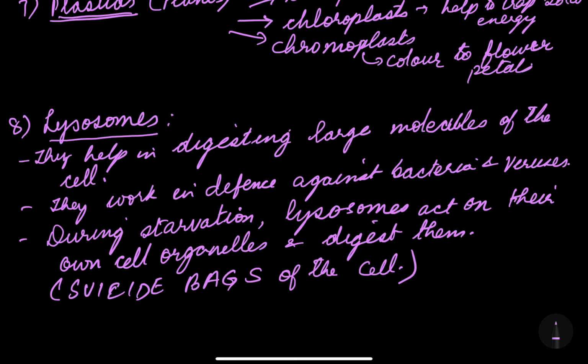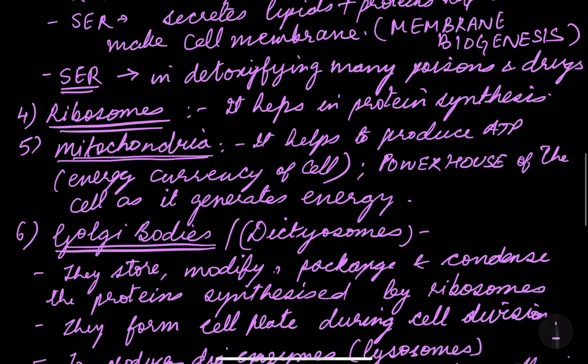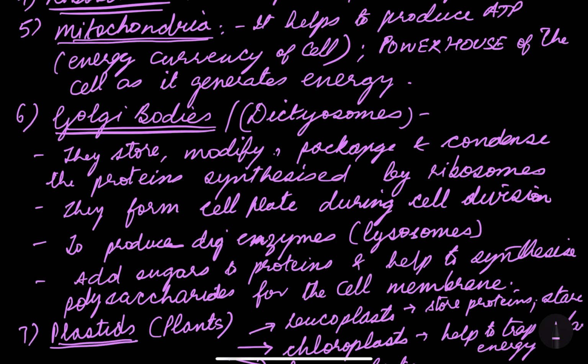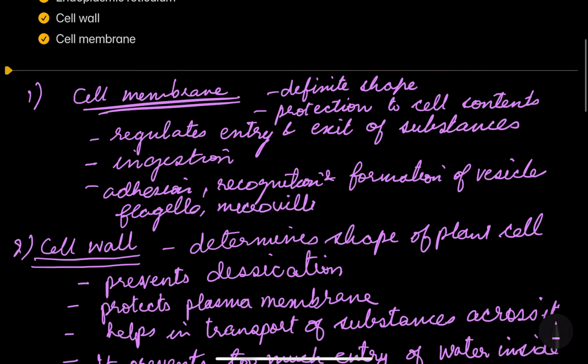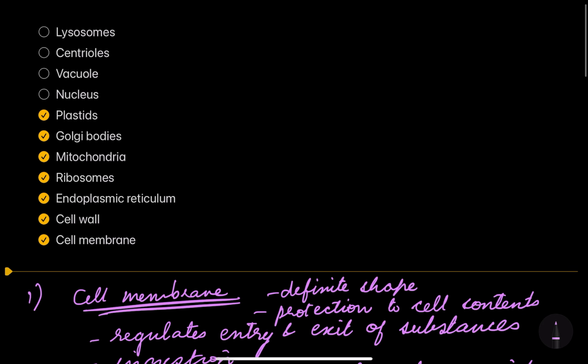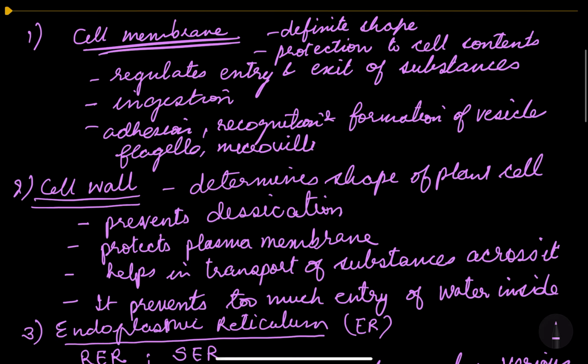Now if you remember, we discussed that they were produced by the Golgi bodies. Here it is, right? Okay, let's move on to the next organelle, the centrioles.